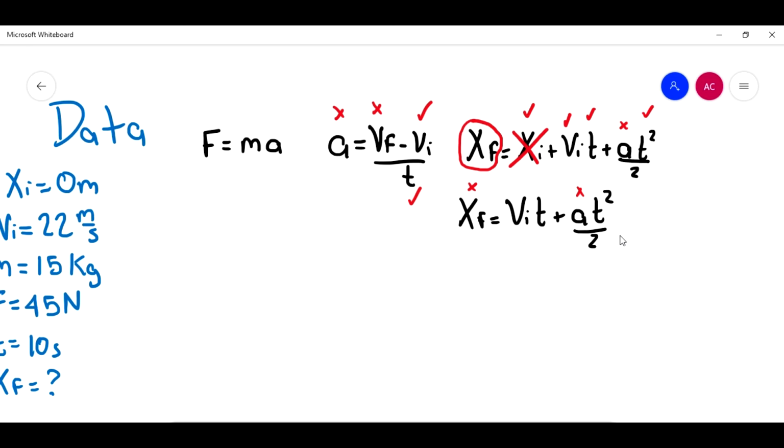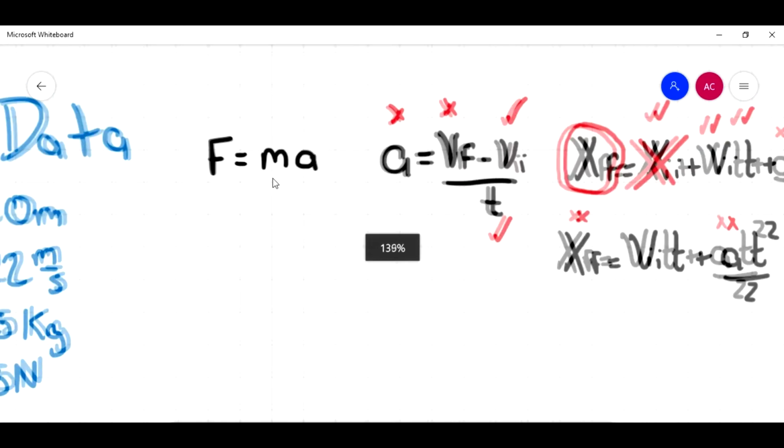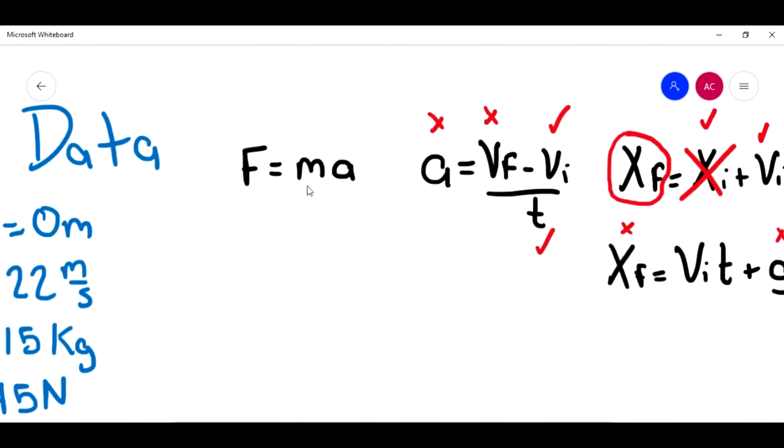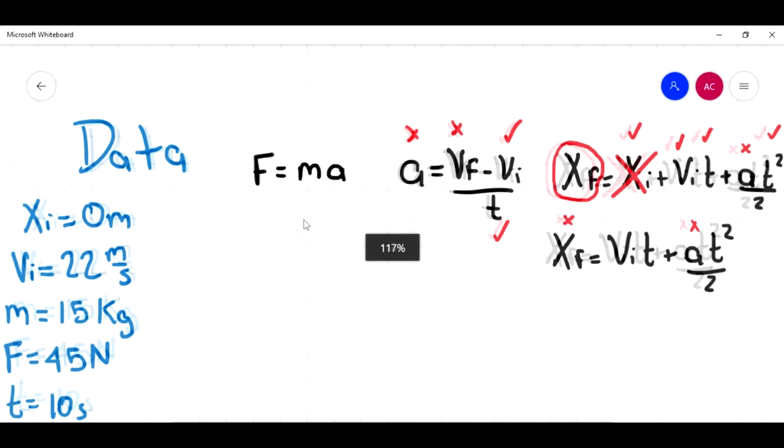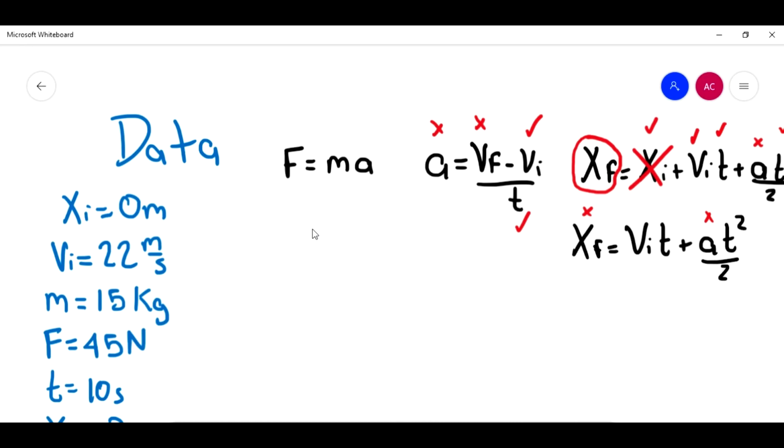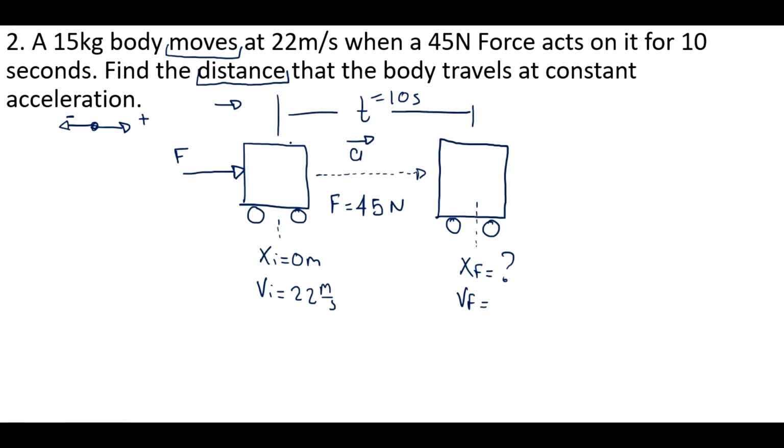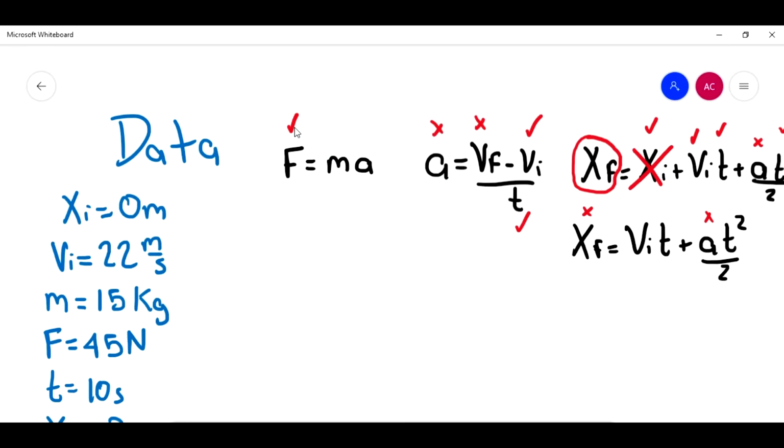So if I go to the first equation that I just wrote, Newton's second law, do I have the force? Yeah, 45 newtons. There is a force of 45 newtons that acts on the body. Do I have the mass of the body? Yeah, it is 15 kilograms. And the acceleration? No, I don't know the acceleration, but I can find it.